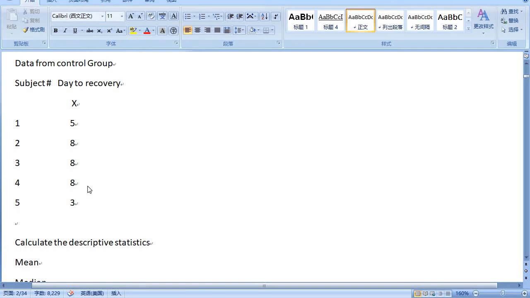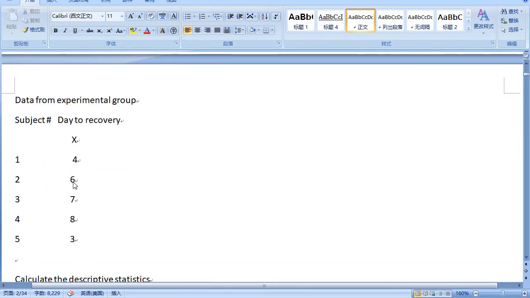Even in the control group, even the people who are taking the placebo, there are some who are really fast in recovering. Say you have 3 days recovery, 5 days recovery. And even in the group that takes the real drug, there are fast people, there are slow people to recover.